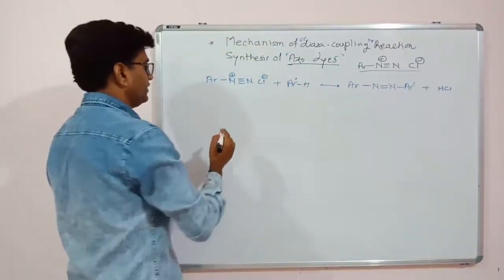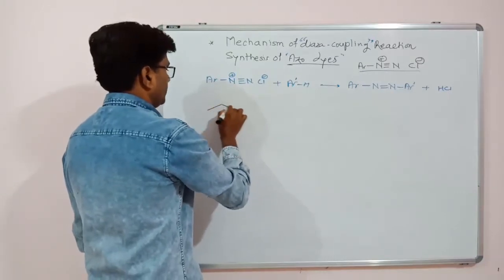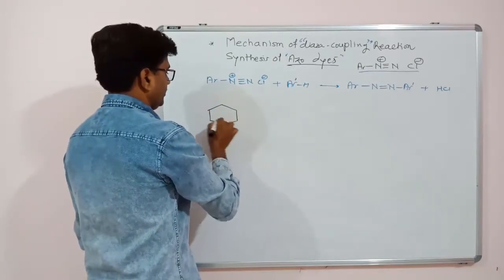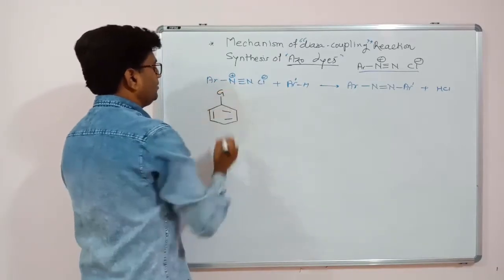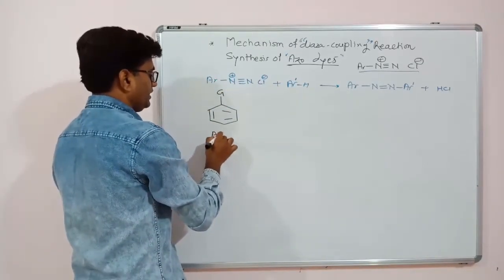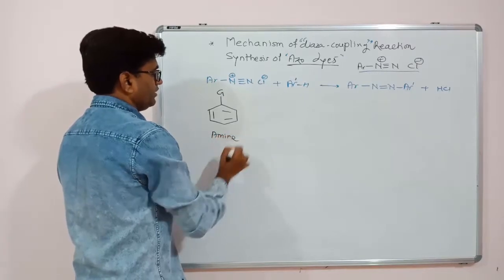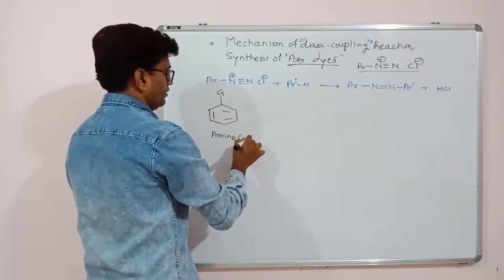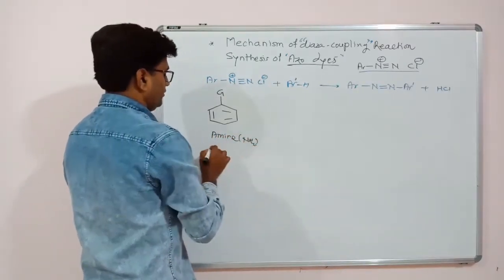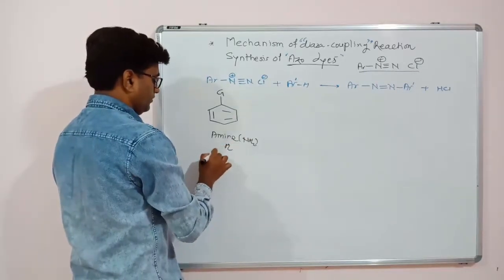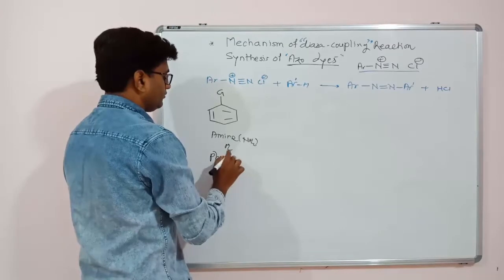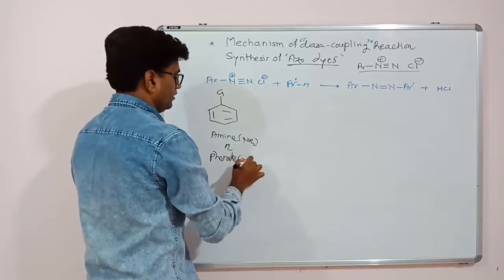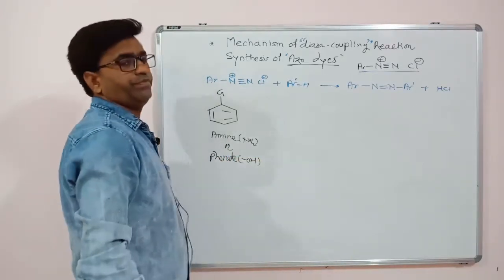Now we have an electrophile, and suppose this is our aromatic ring. Here is any group G. If it is an amine, then that G is NH2, and if it is phenol, then that G is OH.